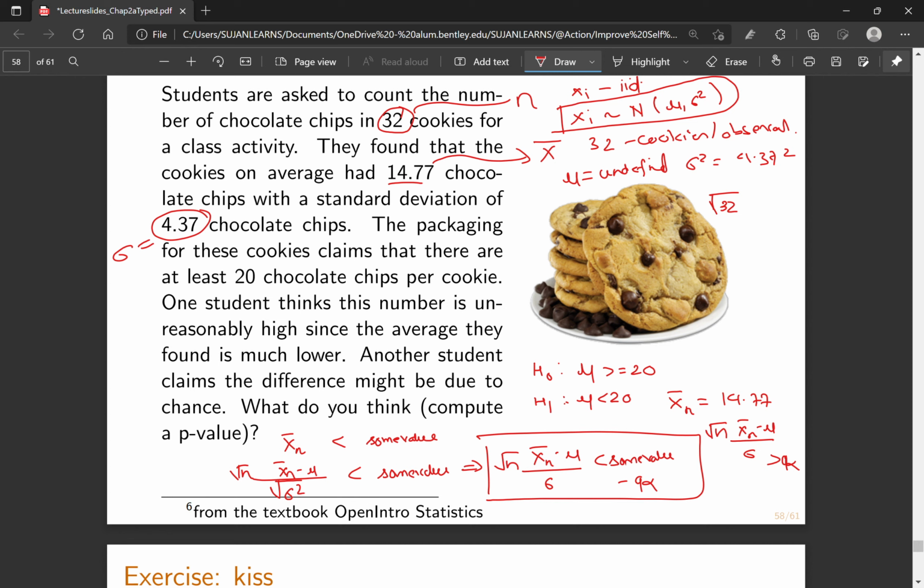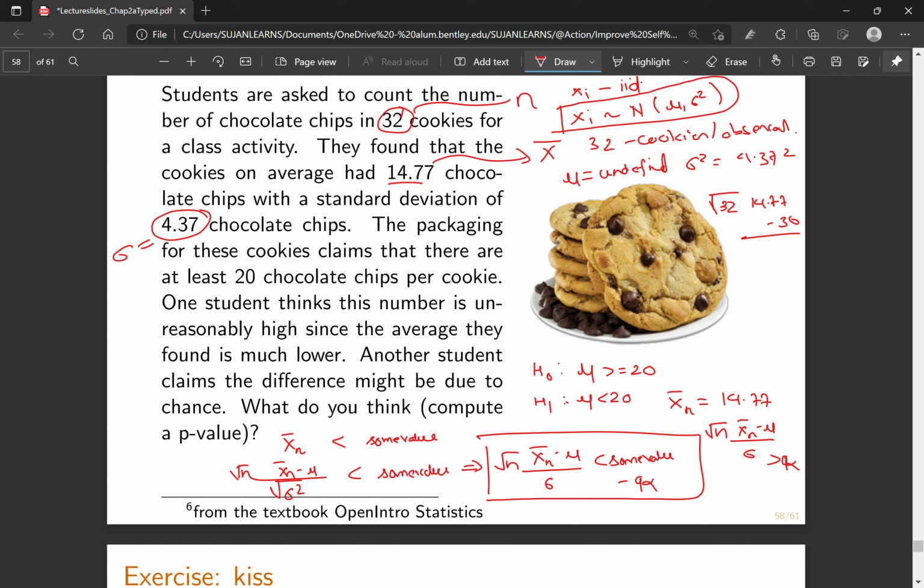Xn bar, what's our Xn bar? Xn bar is 14.77 minus 30. And sigma, what is our sigma? Sigma, the square root of 4.37, is how much?